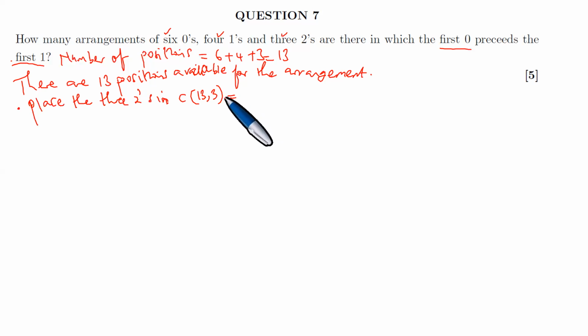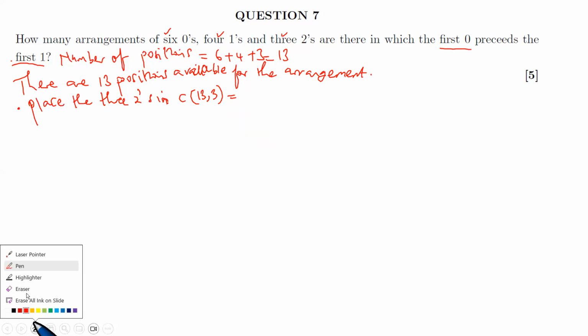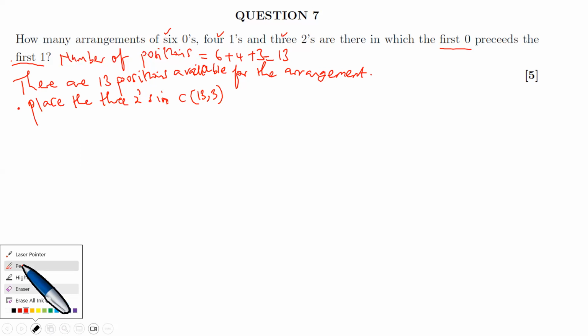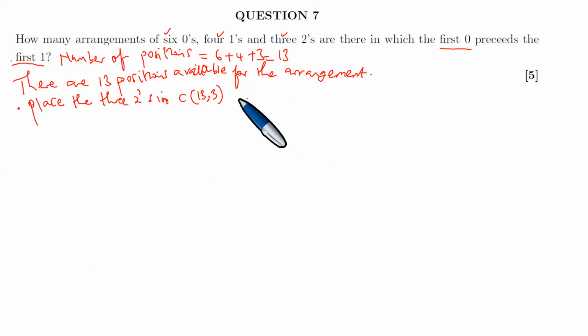So you choose 3 positions amongst the 13 positions, which gives 13 choose 3 ways. You can simplify that, but normally we simplify at the end.